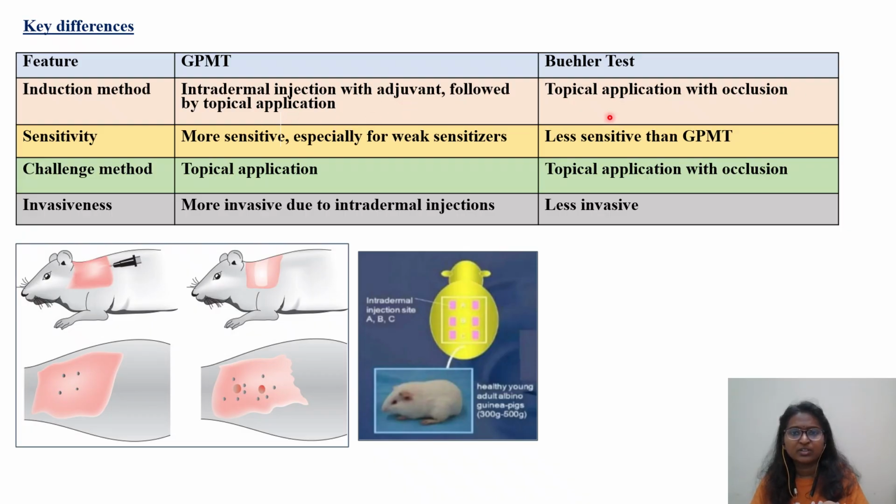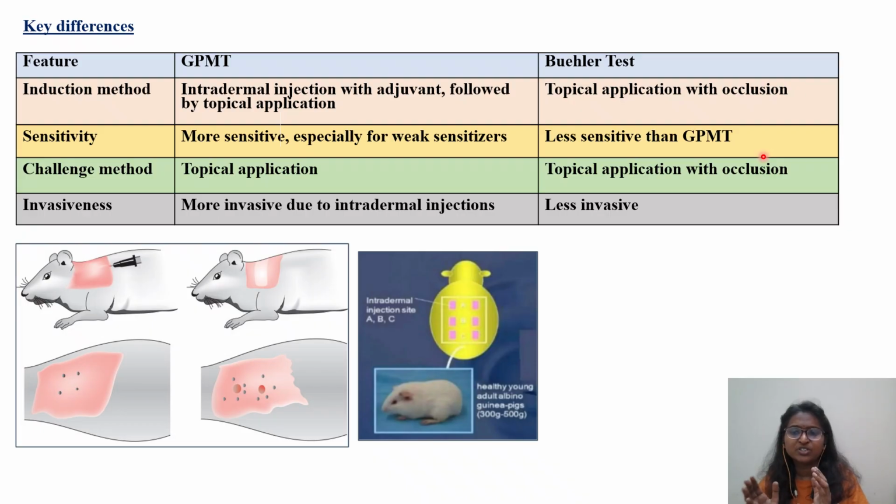Whereas in the case of Buehler test, the induction method is topical application with occlusion. Second one is sensitivity. GPMT assay is more sensitive, especially for weak sensitizers. So weakly sensitizing molecules can also be identified by using the GPMT method. Whereas the Buehler test is less sensitive than the GPMT assay.